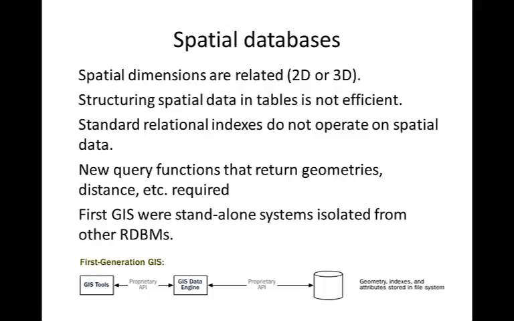Standard relational indexes, like that B-tree index, are indexes on one dimension. Spatial data is two-dimensional or three-dimensional. So the standard index systems are not appropriate for spatial data. We'll see what we need to do for spatial indexing in due course. The queries that we want to make on spatial data are not supported in the standard relational model.